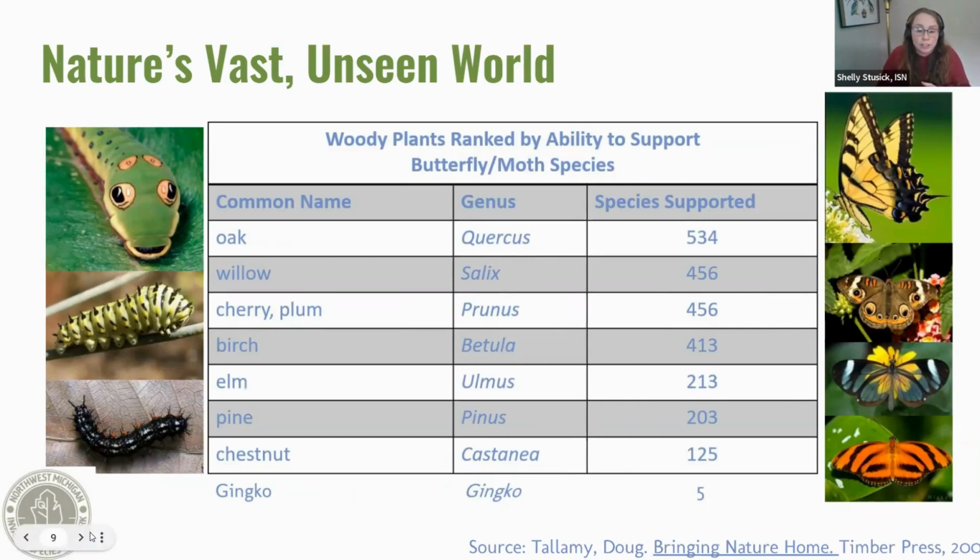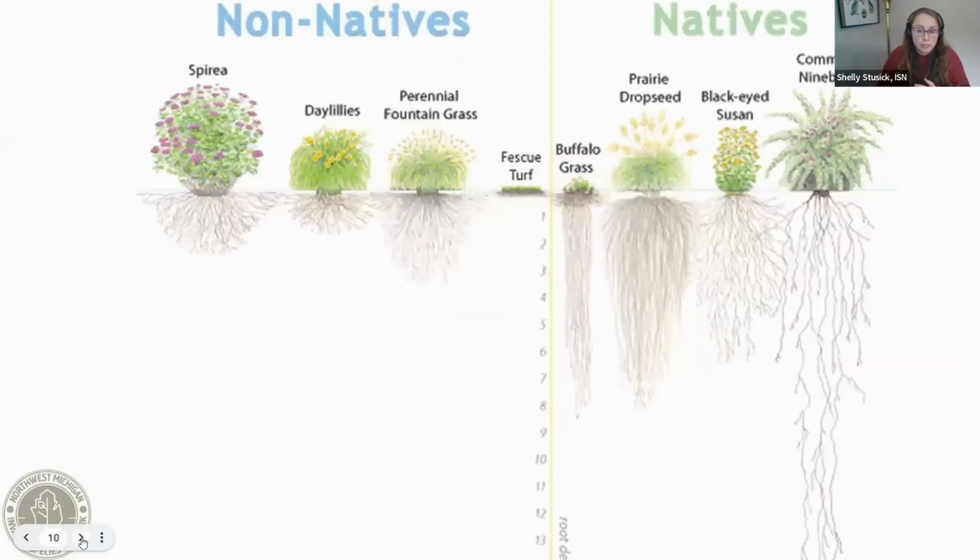And so when we look at these species of our native woody plants, just to support butterfly and moth species, this is not even deer or other wildlife, you can see it's just such a dramatic difference in why native plants are so important when it comes to just this example here for moths and butterflies, not even other wildlife. Next slide, please.